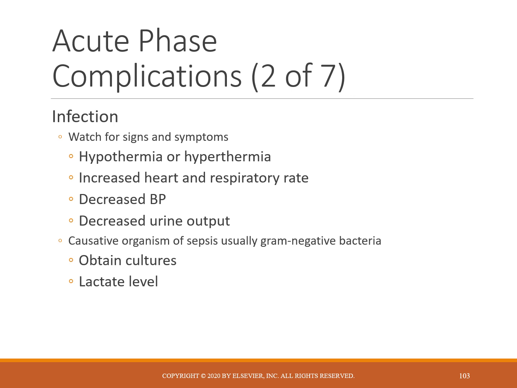If their temperature is very, very high or very, very low, their heart rate is high, their blood pressure is low, their urine output is dropping, that tells you that there might be infection going on. So if there is, we obtain cultures, whether it's in the urine, the blood, or the sputum, and we check the lactate level because if your patient has sepsis, we have to check the lactate level.